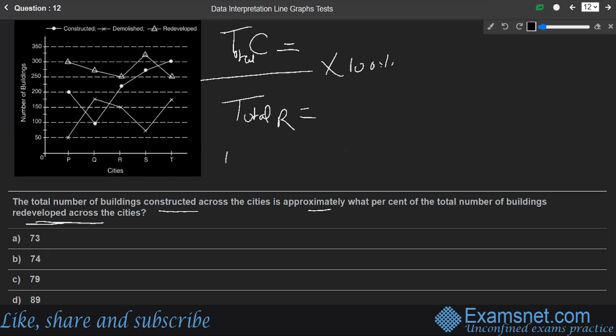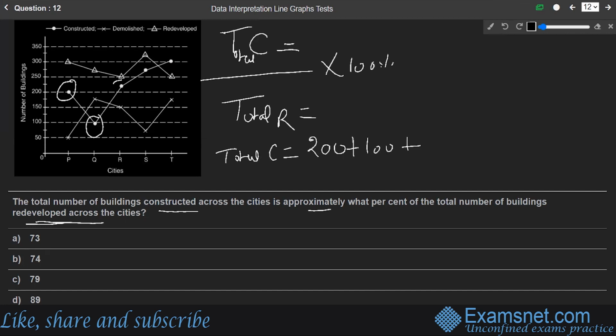So let us find the total constructed first. Total constructed can be found by adding all the constructed building numbers from city P to city T. Constructed is represented by filled circles. For city P, it is 200. For the next city, it is 100.